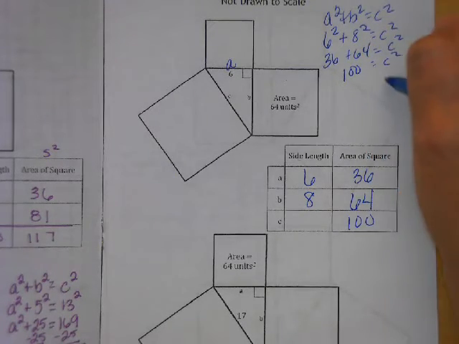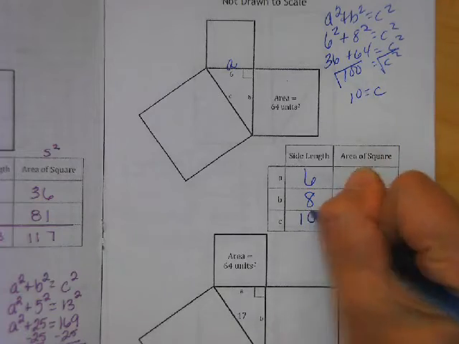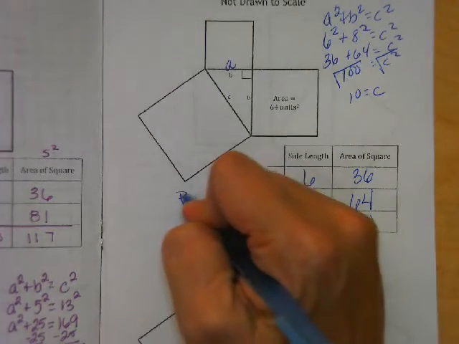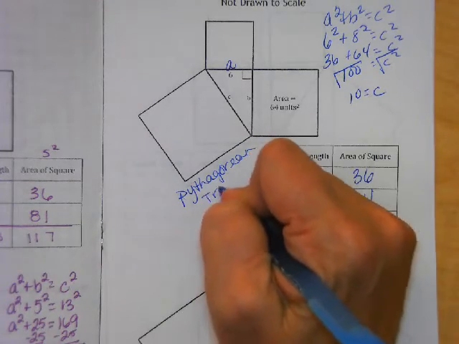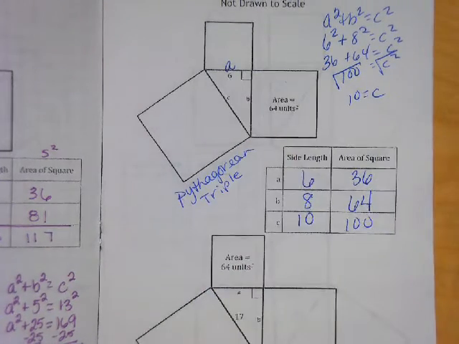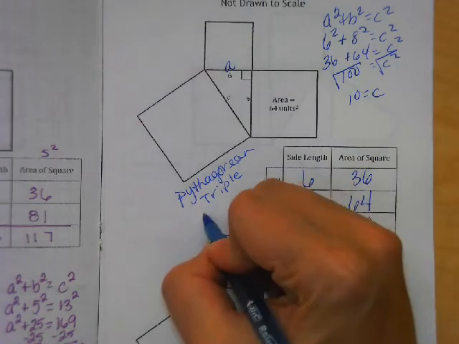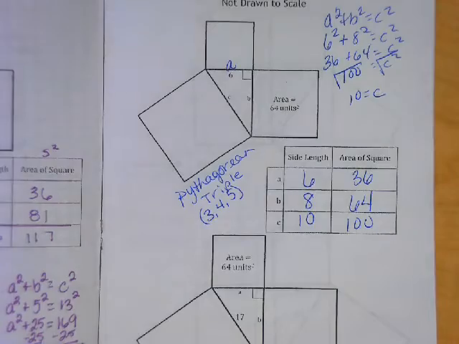So what is the side length? 10. Hey, guess what that's called? This is another Pythagorean triple. Now, if you look, these are all multiples of 2. So the most common Pythagorean triple is a 3, 4, 5, which is what that is.